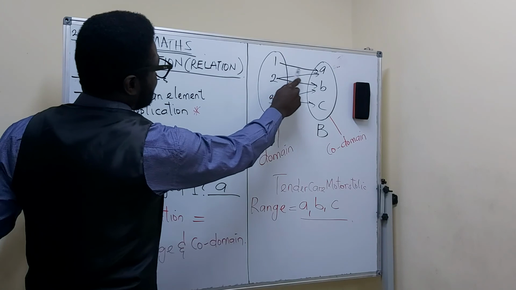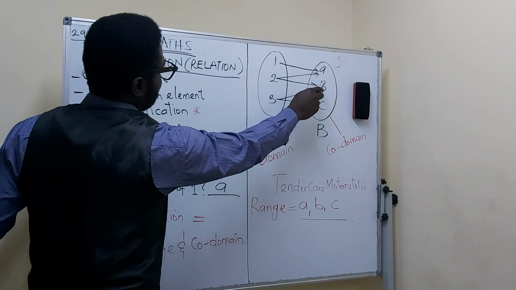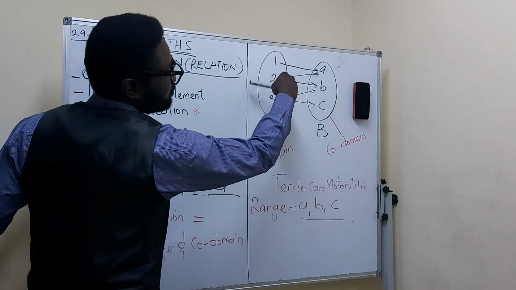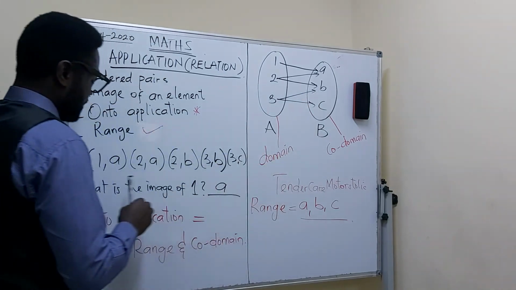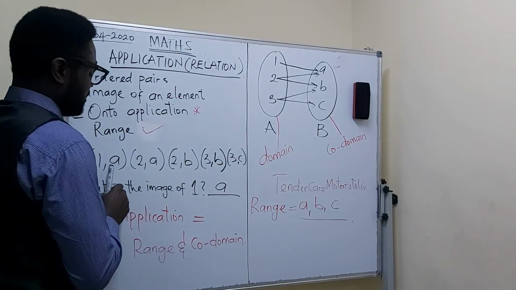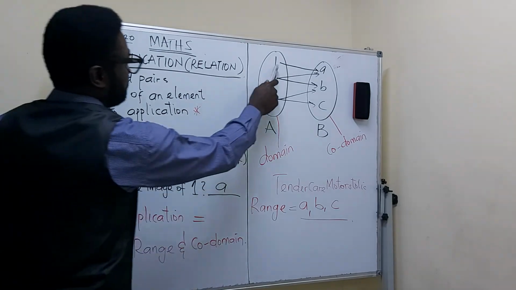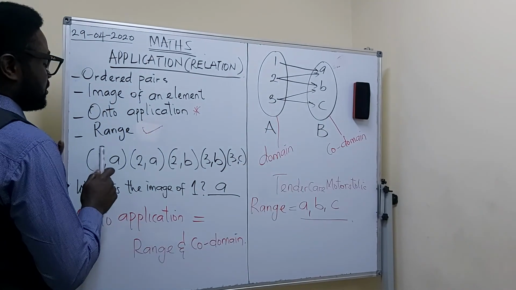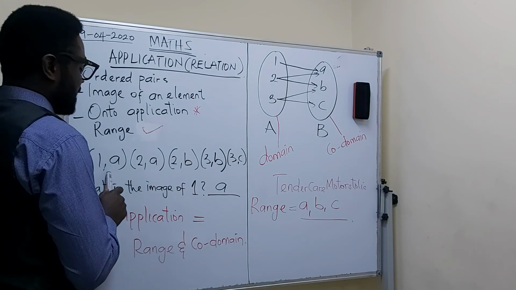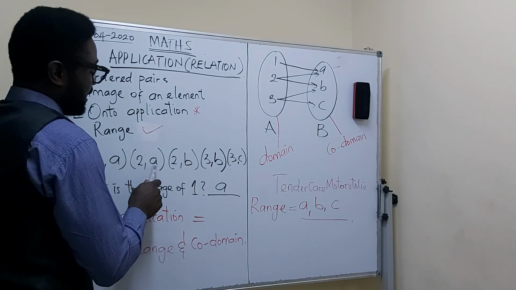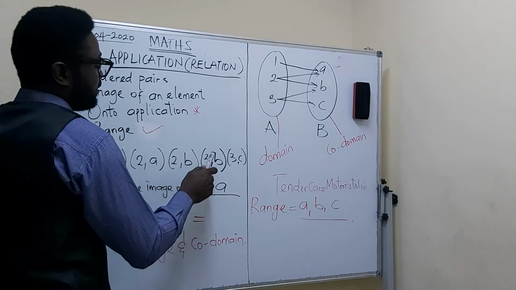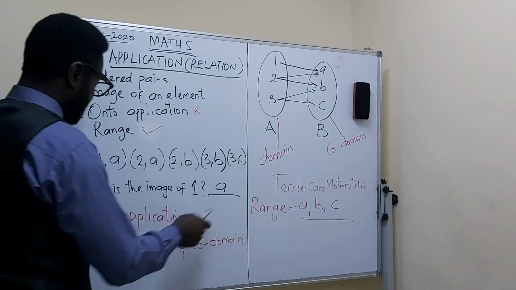If any arrow points at another element, either from domain or from the codomain, it means the two are ordered pairs. 1 and A point at each other, that is why it is an ordered pair. 2 and A, 2 and B, 3 and B, 3 and C.